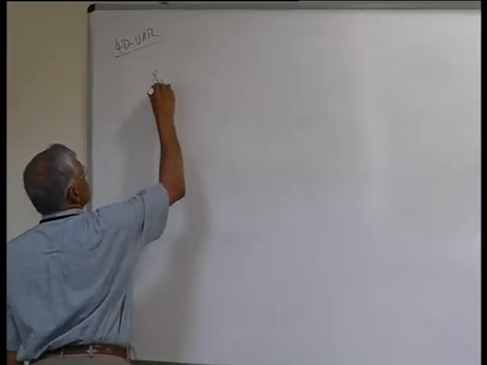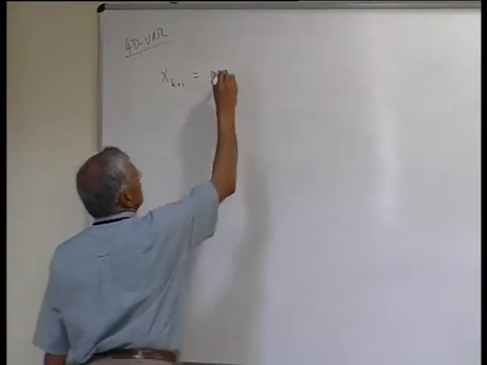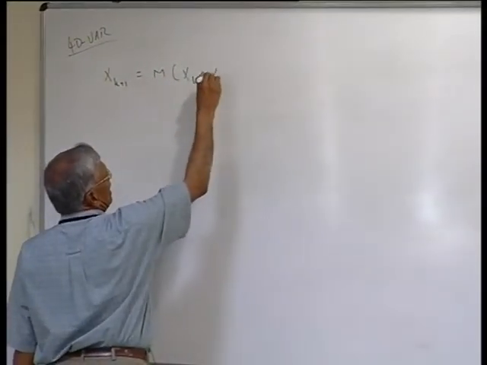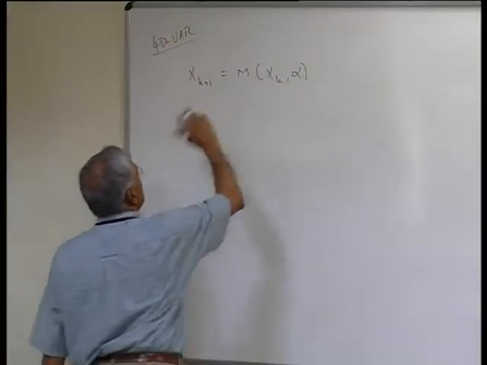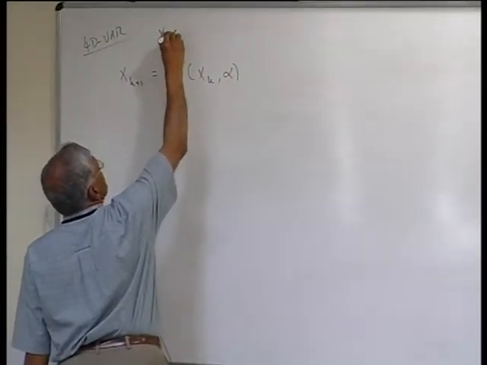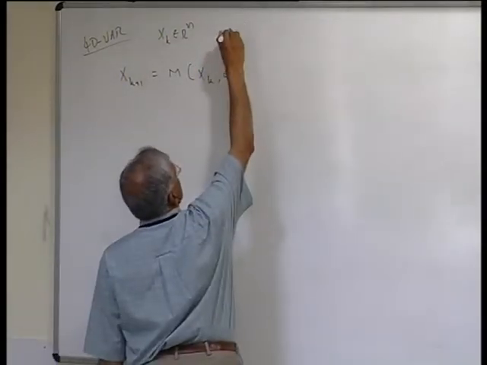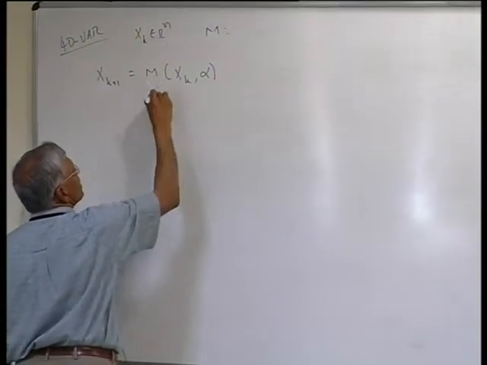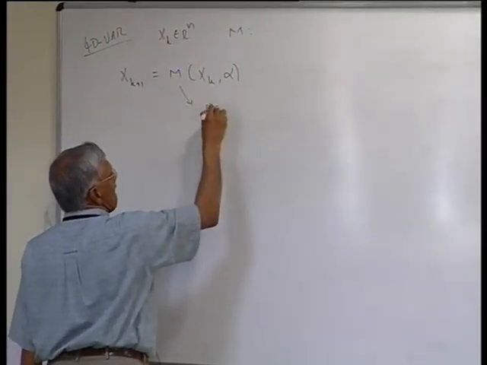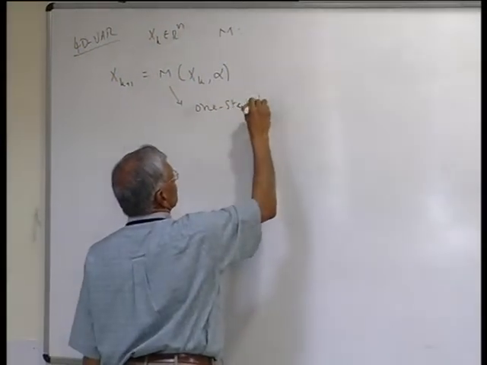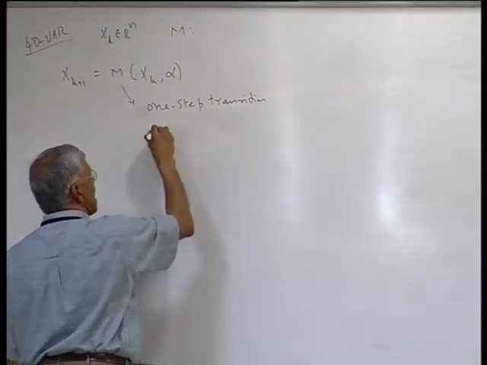So let x_{k+1} be the state of a system which is given by M of x_k. I can throw in a parameter alpha if you like. So what is x_k? x_k is the state of a system that sits in an n-dimensional space. M is called the one-step transition matrix, or one-step transition function, or a one-step transition map.